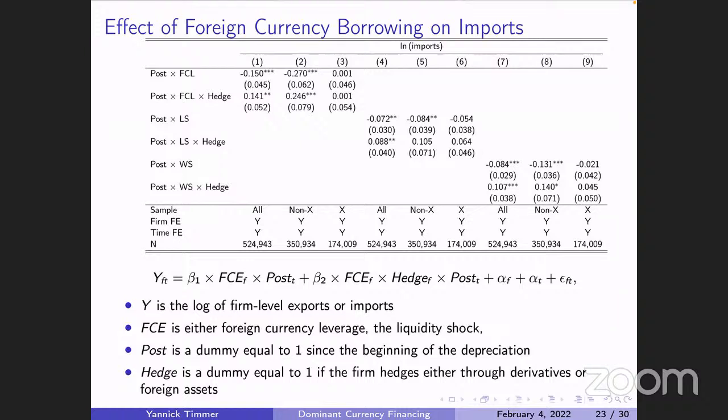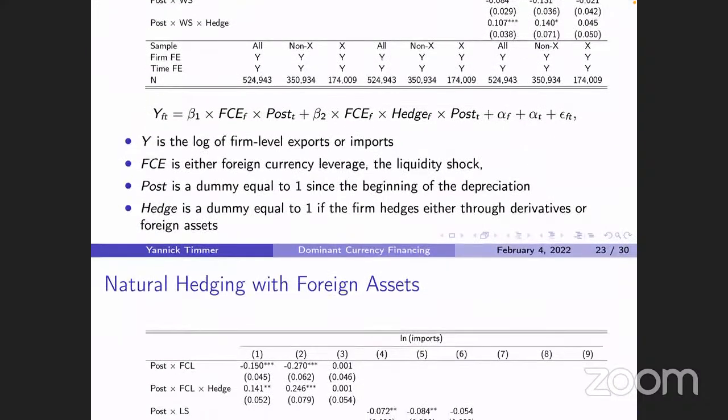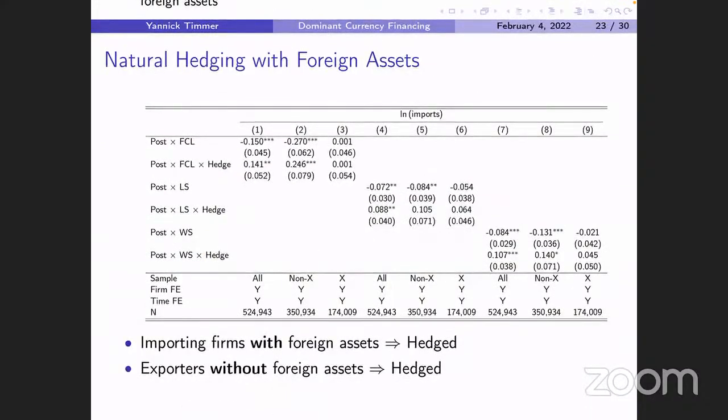So when you're an importer and you're not exporting, having FX assets or FX derivatives is sufficient to hedge you, and so is having exports, but not hedging through either derivatives or foreign assets. And the results are qualitatively the same for the foreign currency leverage, for the liquidity shock, and for the wealth shock.